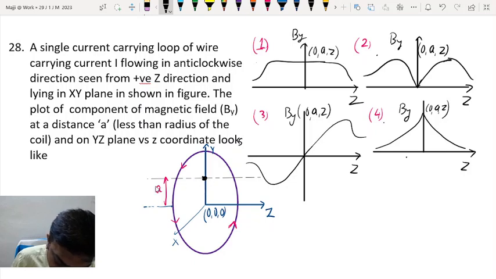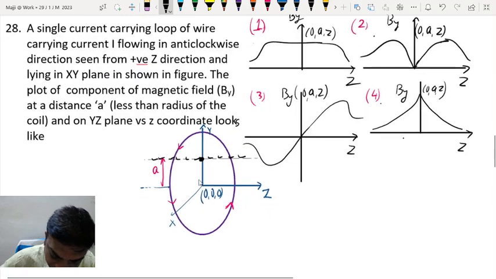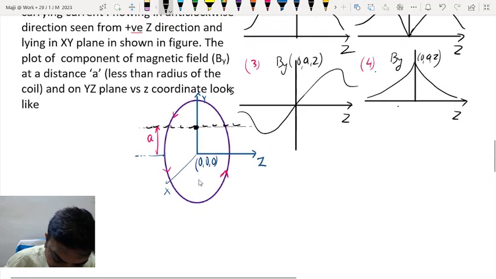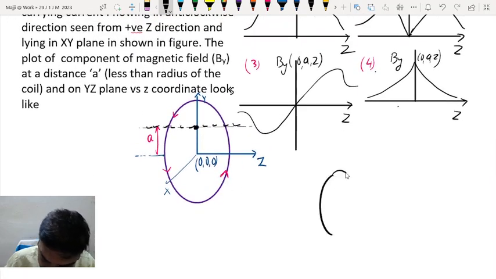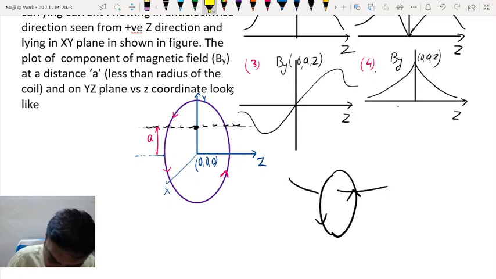We have to go on plotting the y component of magnetic field along this line. Now if we draw the lines of force, as you can see, if the current flows in this direction, then the lines of force will flow in this direction, this way.